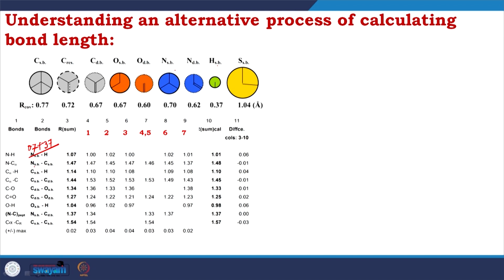Similarly, nitrogen single bond is 0.7, carbon single bond is 0.77, so 1.47. So, what we did is fix the covalent radius of the single bonded and double bonded elements involved in proteins, and then add those to get the bond. Simple idea: carbon with carbon, 0.77 plus 0.77, is 1.54.